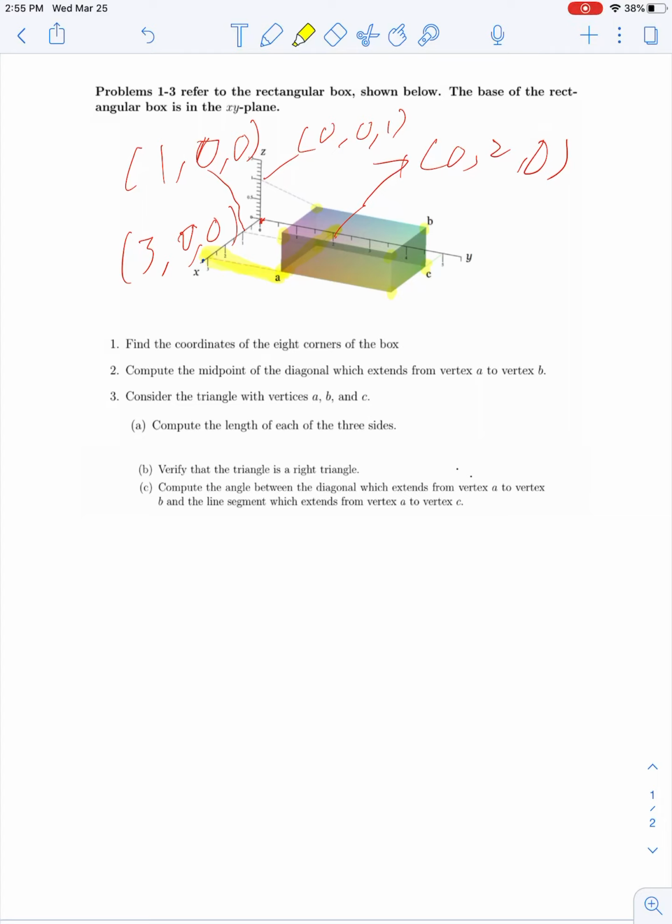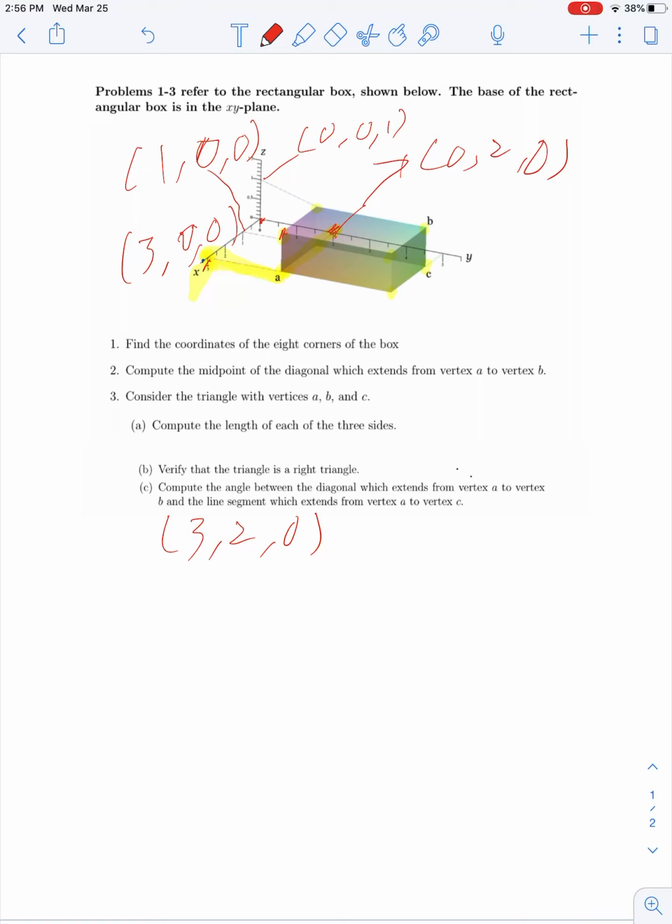It's sharing the same x and z coordinates as this point right here, and it's sharing the same y and z coordinates as this point right here. So we get 3, 2, 0.